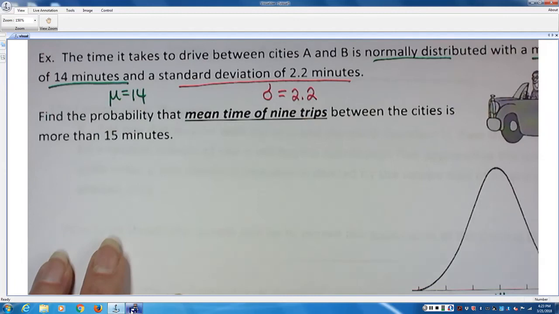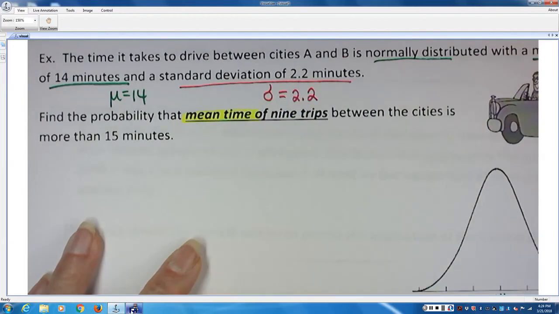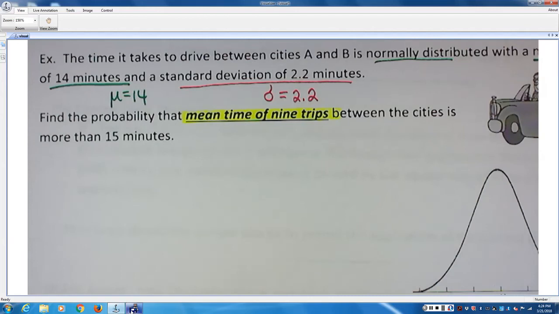But before I go labeling my curve, I need to read my question. What is the probability that the mean time of 9 trips? I just got 2 very important pieces of information there.